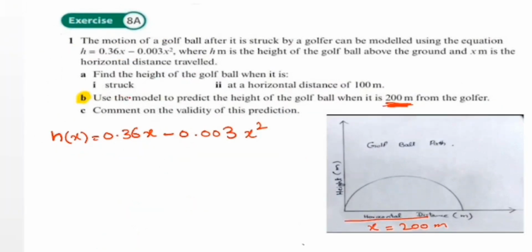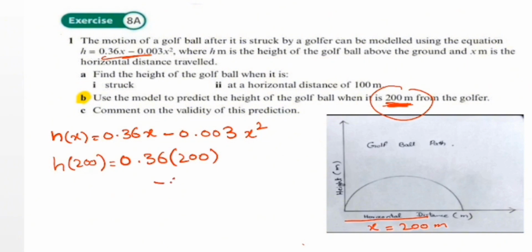Now we move on to part B, where we predict the height of the golf ball at 200 meters from the golfer. We put this 200 in our model equation and we get h equal to 0.36 times 200 minus 0.003 times 200 squared.